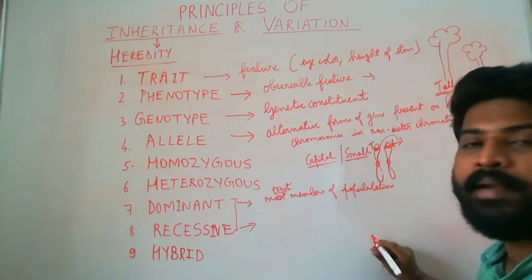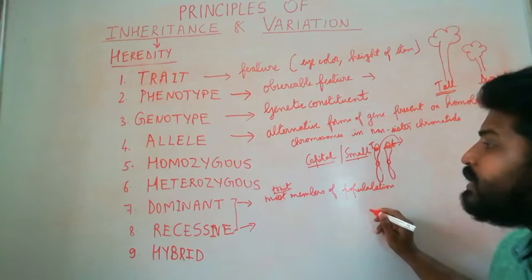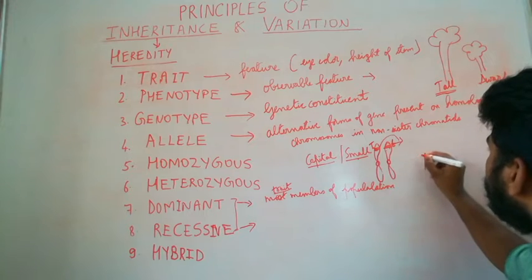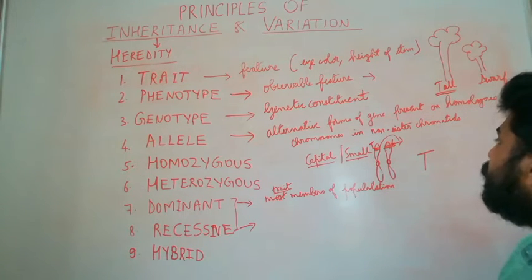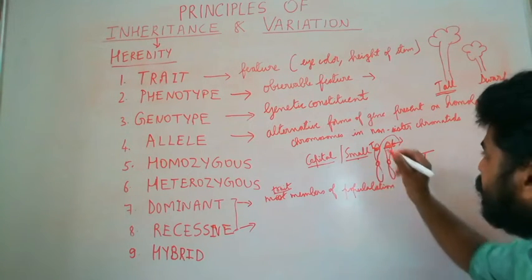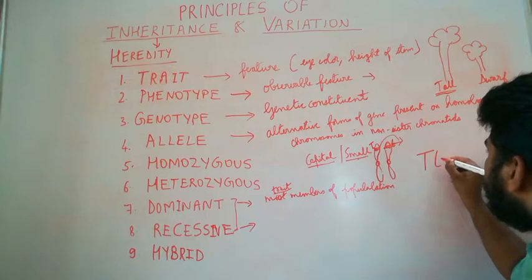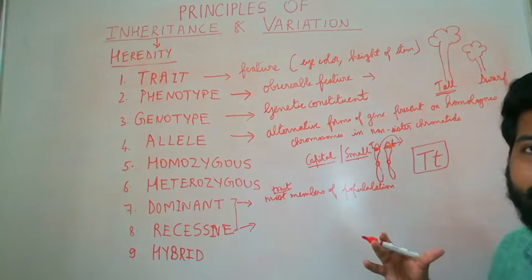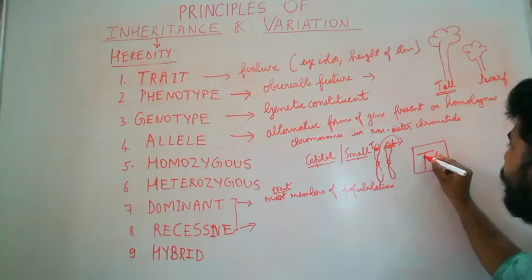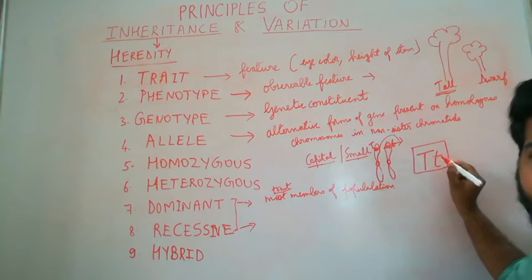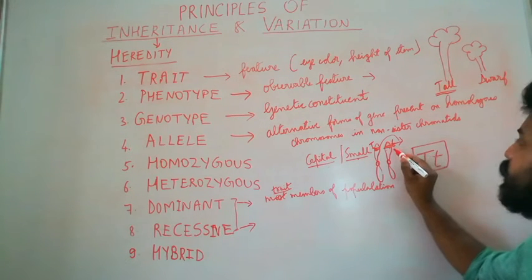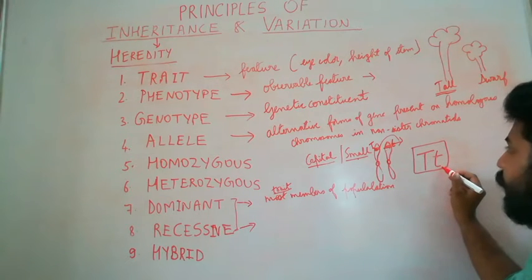We already know that sexually reproducing organisms are diploid. So take this example of tallness. There are two alleles for the same gene. Stem height is represented by capital T and small t, where capital T is the dominant allele and small t is the recessive allele.